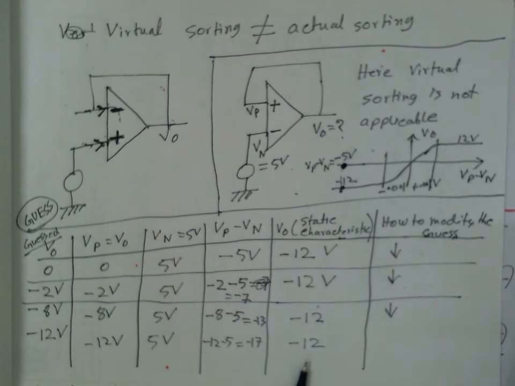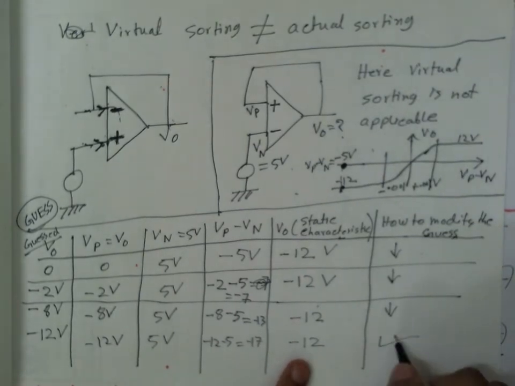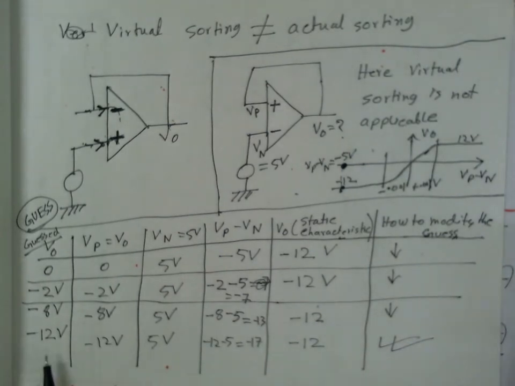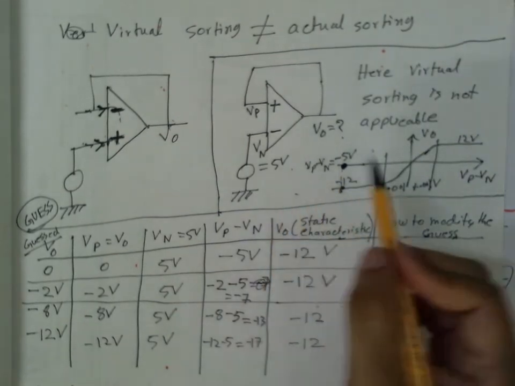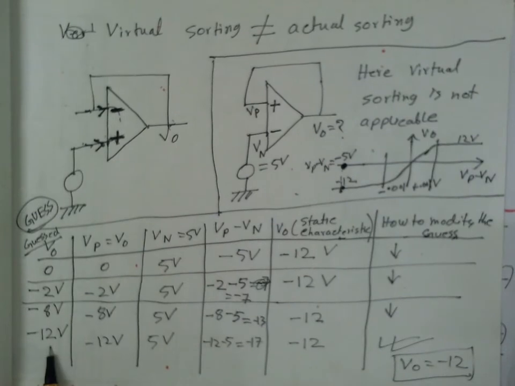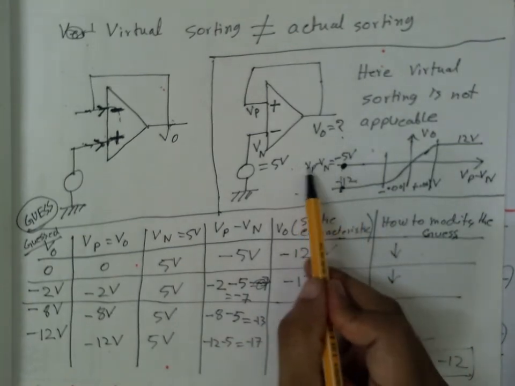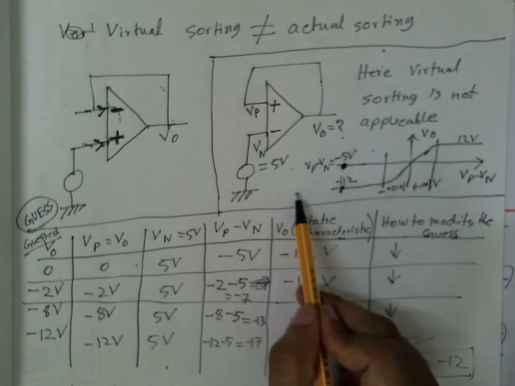Okay, we got the solution. We are happy now. We started with the guess minus 12 volt, and we see that the output should be minus 12. So the solution is VO equal to minus 12 volt, because when we start with that guess, VP is minus 12, VN is 5, the difference between the two inputs is minus 17, and at that point the output is minus 12.